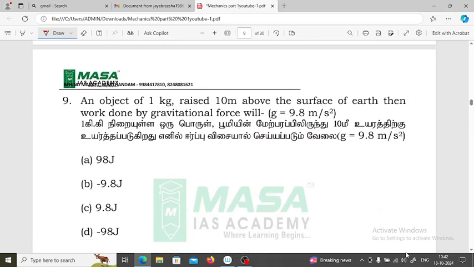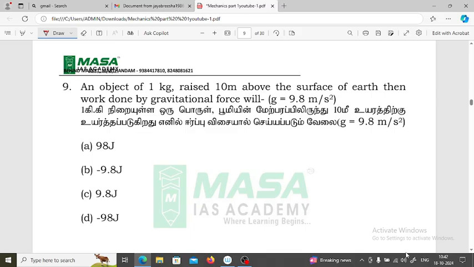Question number 9. An object of 1 kilogram is raised 10 meter above the surface of earth, then work done by gravitational force will be, g is equal to 9.8 meter per second square. 1 கிலோகிராம் நிறையுள்ள ஒரு பொருள் பூமியின் மேற்பரப்பிலிருந்து 10 மீட்டர் உயரத்திற்கு உயர்த்தப்படுகிறது எனில் ஈர்ப்பு விசையால் செய்யப்படும் வேலை.